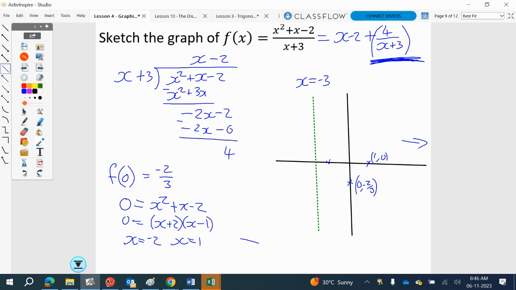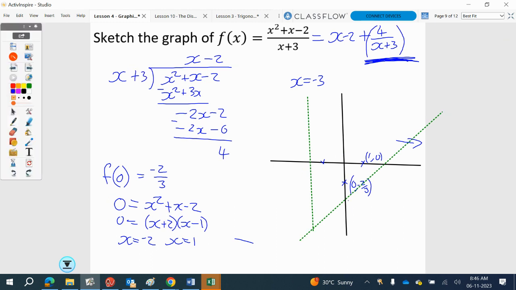So let's sketch that. So x minus 2 is going to go through something down here like this. It's going to go like this. So this point here is the point 0, negative 2. This green line is the line y equals x.